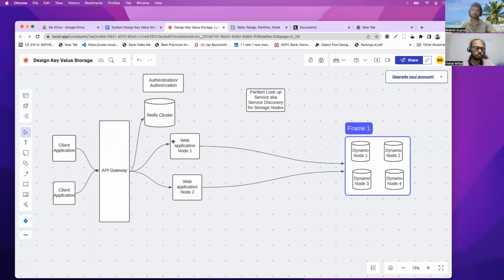So these are the two ways I can think of. Either we use a client library of my distributed key value storage at the client application. In that case, we can remove a lot of other components here, and we might not need the web applications.